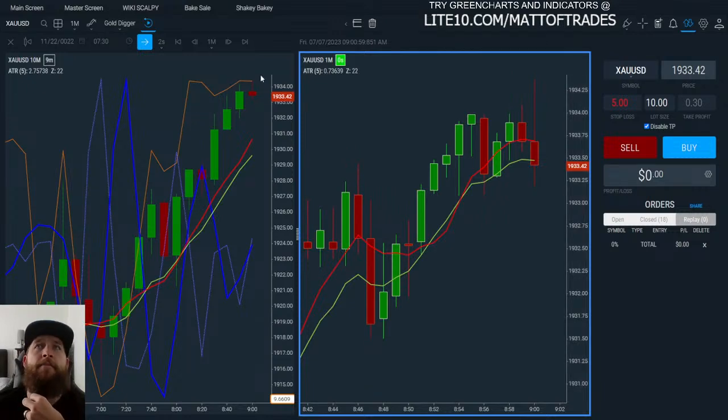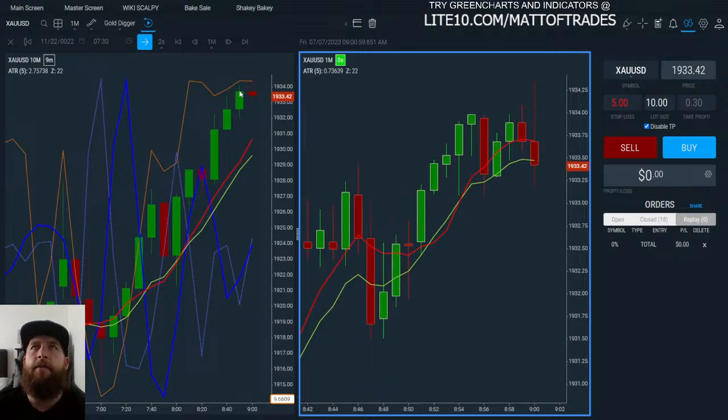But whenever the thin orange and the dotted blue line are facing opposite directions, I'm going to either be taking a trade or staying in a trade. And then I want the thick blue facing the same direction as the thin orange to enter the trade.